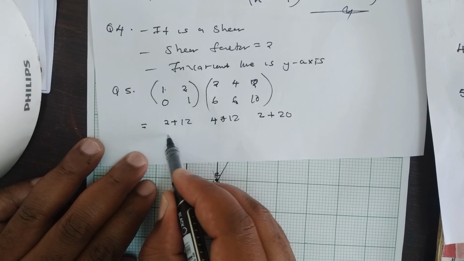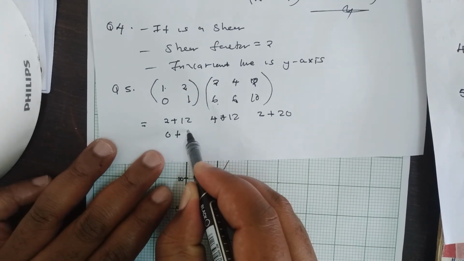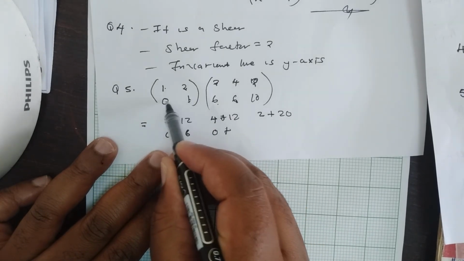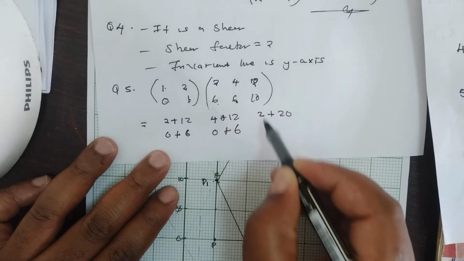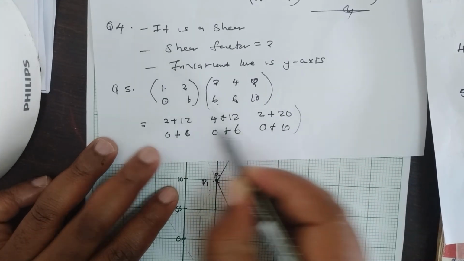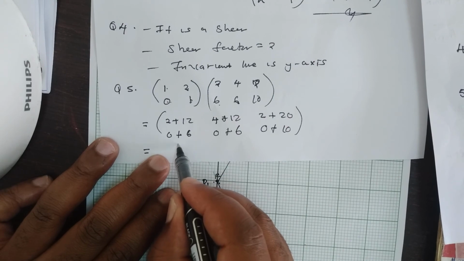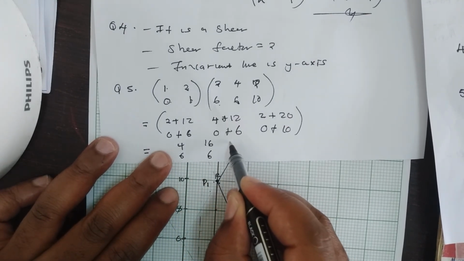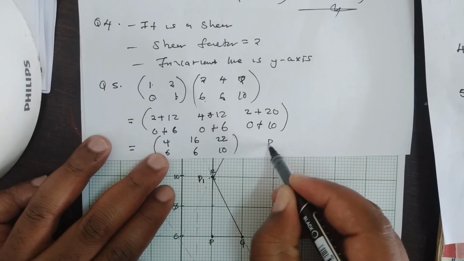This by that, that's 0 plus this by that, that is 6. 0 plus, 0 by 4 is 0. 1 by 6 is 6. 0 by 2, 0, plus 1 by 10 is 10. So this is the matrix. So you're going to have 14, 6, 16, 6, 22, 10.